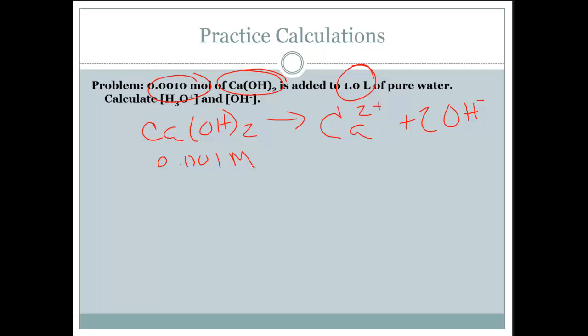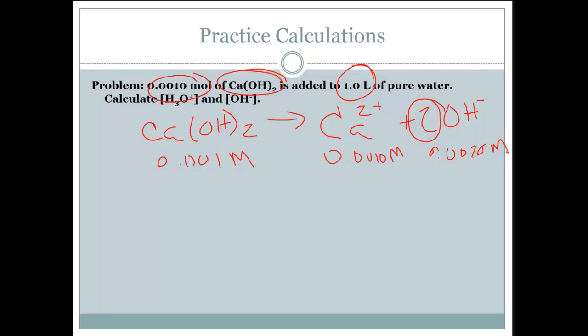That means once it breaks down, we have 0.0010 molar of Ca2 plus, but because of the 2 for OH minus, we're going to multiply that by 2. So it would be 0.0020 molar.